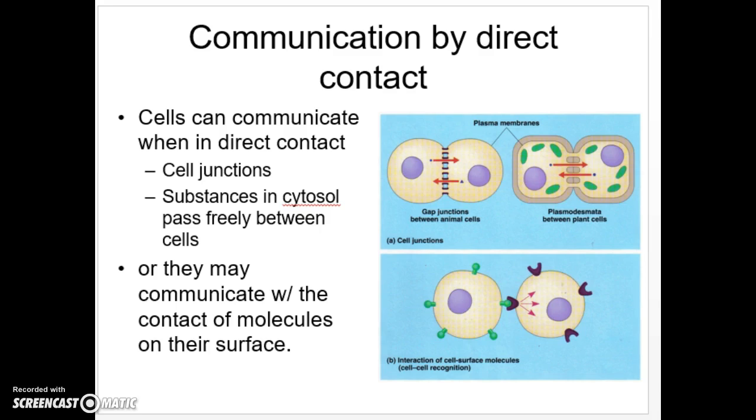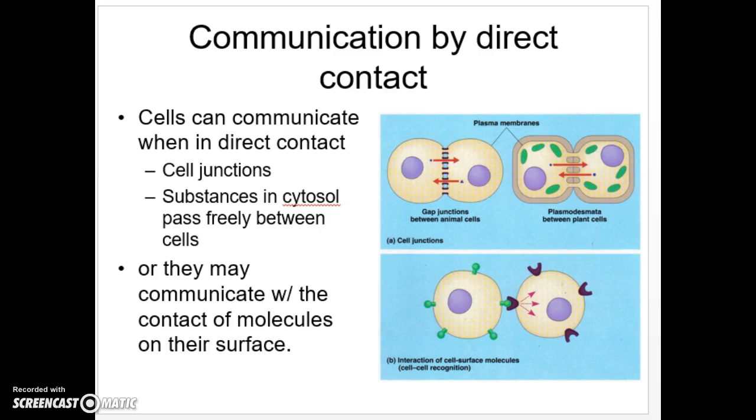I want to talk about some of the different types of direct contact that can occur, some of those junctions. The most common one is called a gap junction, and that's shown here in this picture. A gap junction is when there are actually channels that connect two cells.